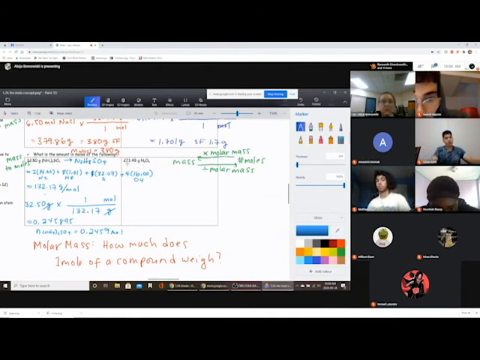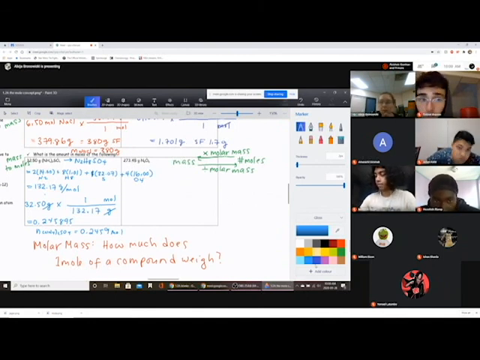So I have 273.45 grams of dinitrogen pentoxide. Let's see how many moles this is. So I'm going from mass to moles. I need to divide by molar mass. So let's calculate the molar mass of this. N2O5.